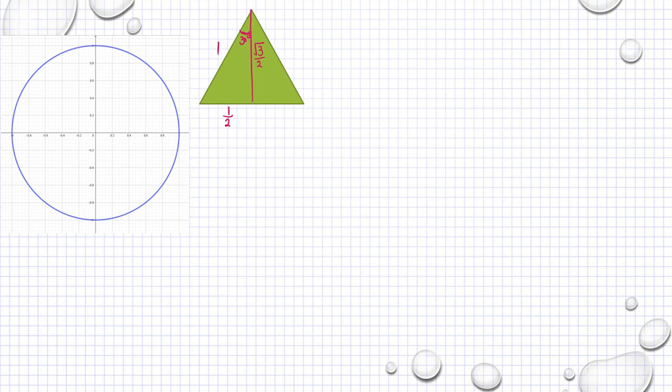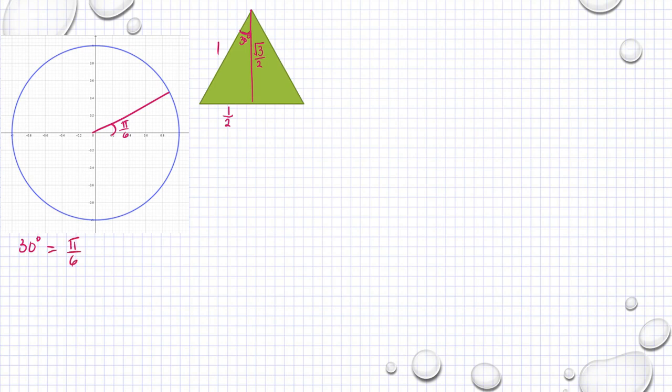So if we have 30 degrees here, I'm going to use radians. This is pi divided by 6, so 30 degrees is equal to pi divided by 6.